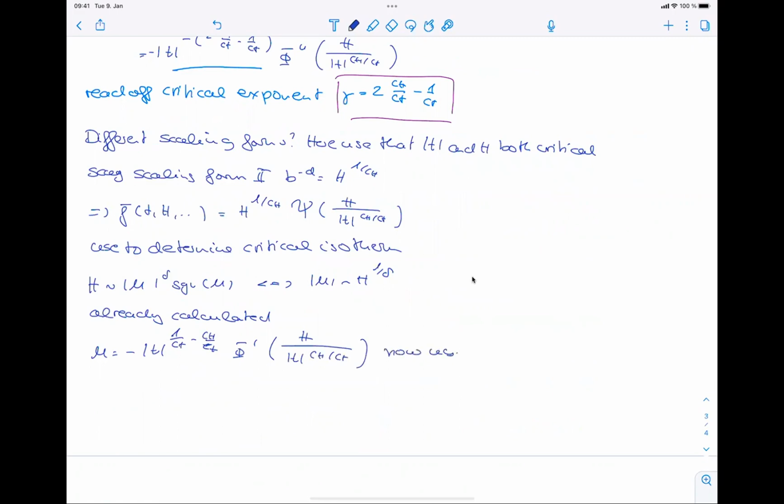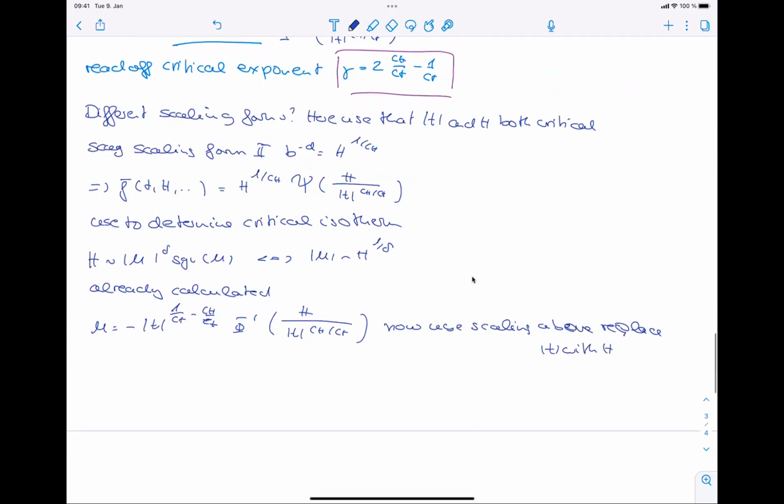Now we use the scaling above to replace t as the variable that I'm adjusting with the field. And then I get now h to the power of c_t over c_h minus 1 because of the 1 over c_h cancelling.